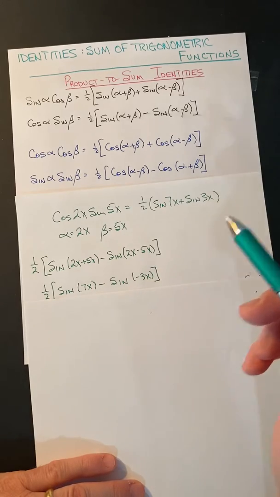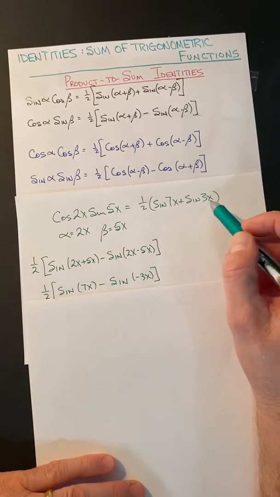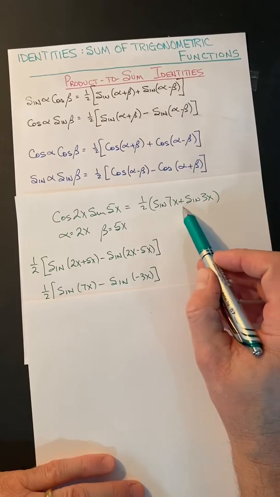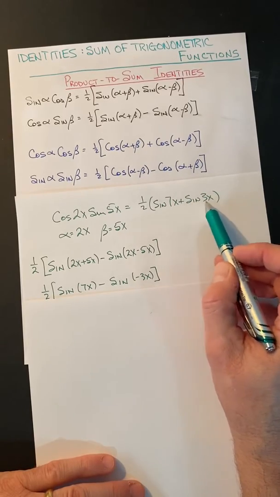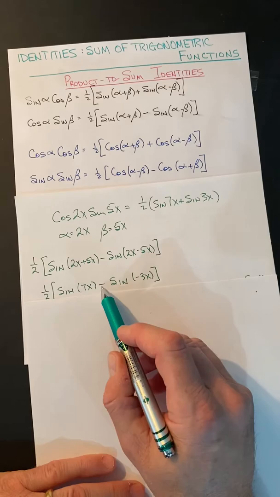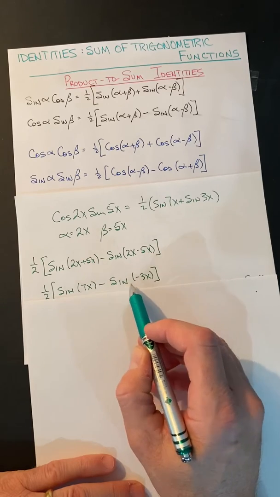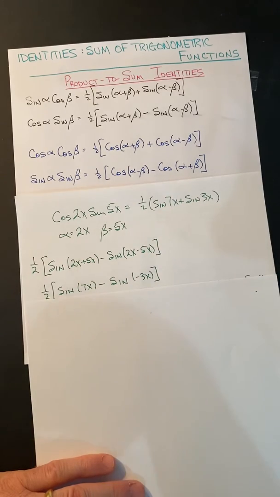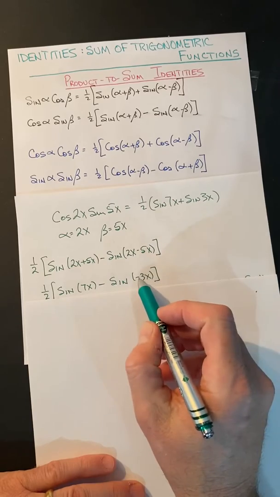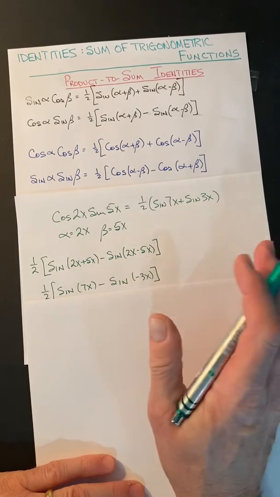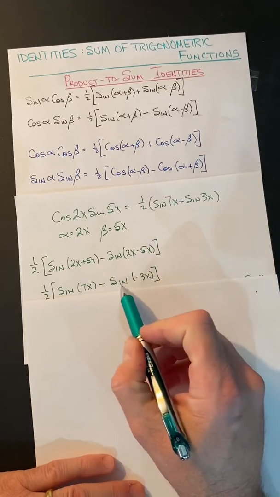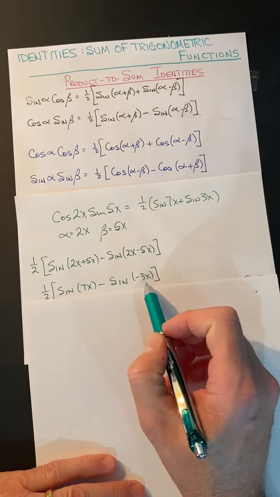See, we're expecting to maybe be done here, but notice I have plus sine 3x, and down here I have minus sine of minus 3x. Now, you might be tempted to just factor out that negative, but you can't do that because you're actually taking the trig function of this negative angle.